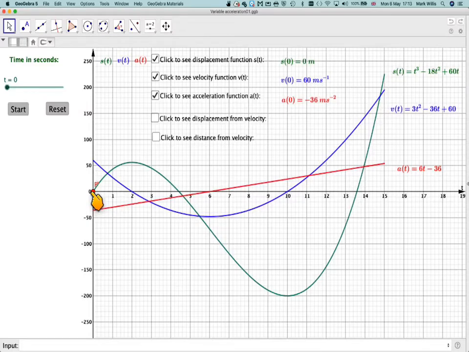But as the particle goes up, the negative acceleration is getting smaller, but it's acting against the particle. And then at this point, it will make the velocity change.